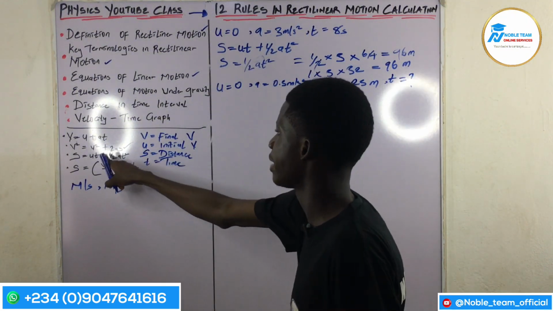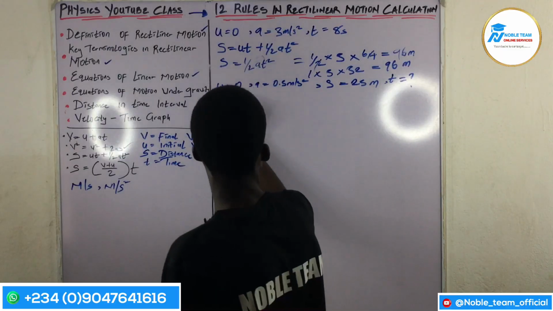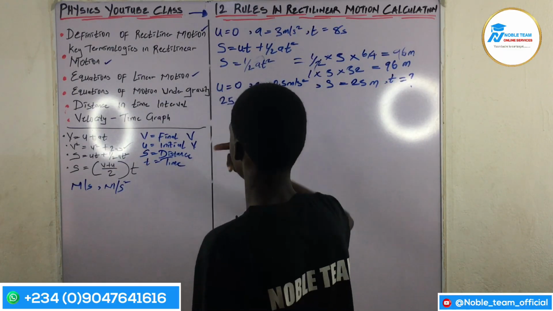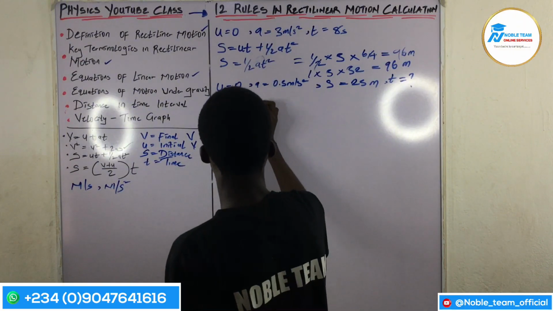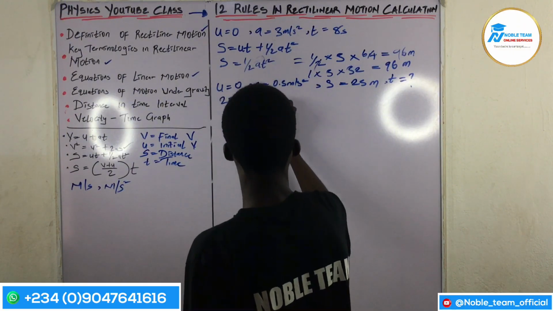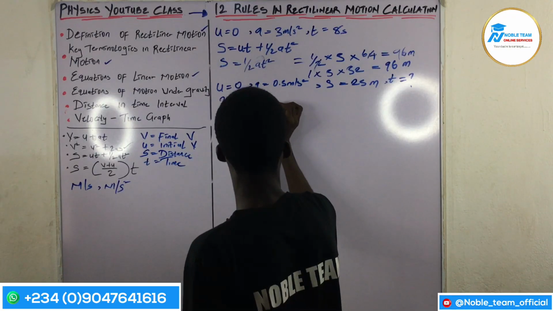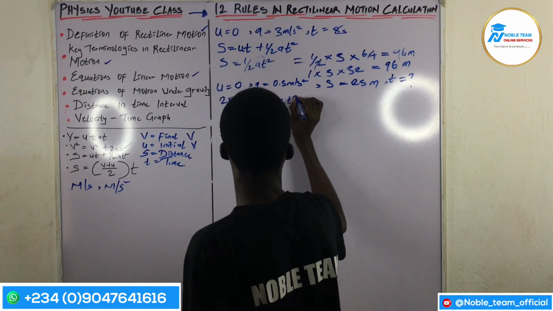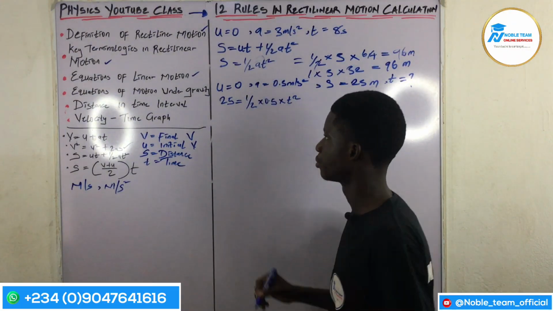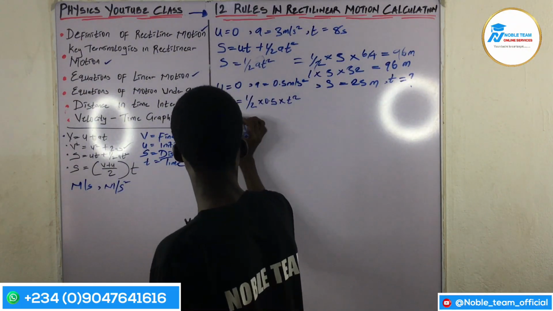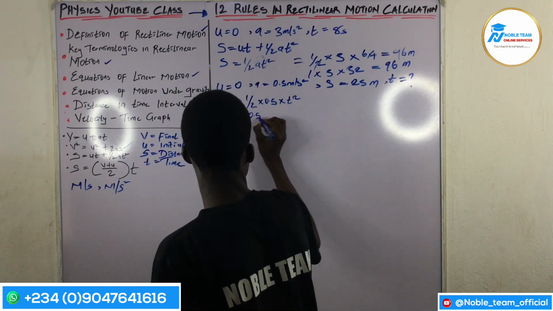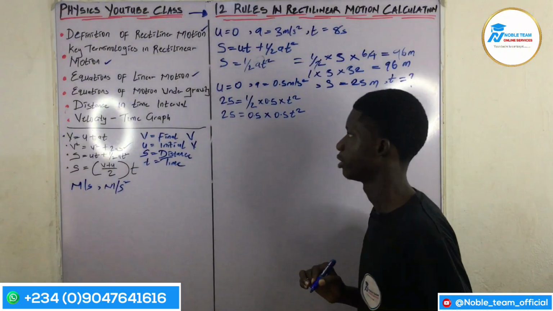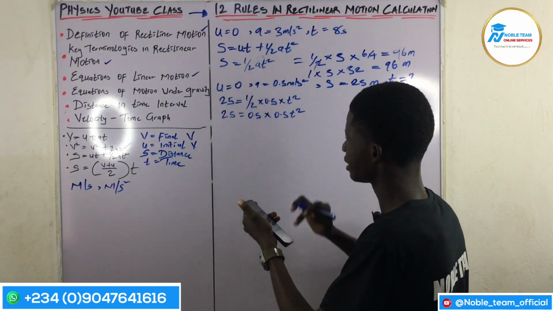So plugging it inside this particular equation, we have 25 is equal to, this is 0, no need of me writing it. I'll now write 1 over 2. Then my A is 0.5. Then my T is squared. You understand what I'm trying to do? Then I have 25 is now equal to, remember, 0.5 multiplied by 0.5 T squared.